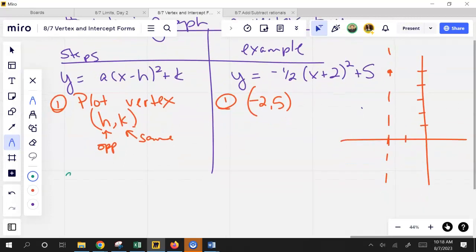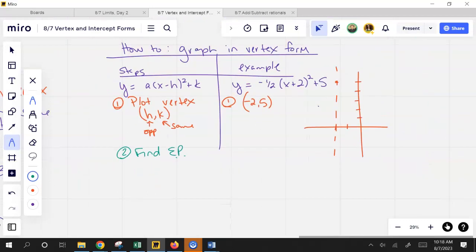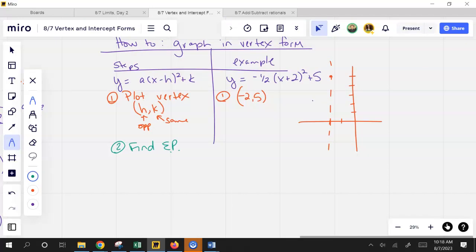What I want to do is stick really close to the vertex. I'm going to put EP. If you don't know what that means, write easy point in your notes. What I tell students usually to do is take this h with the opposite sign and add 1 to it so you're right beside it.